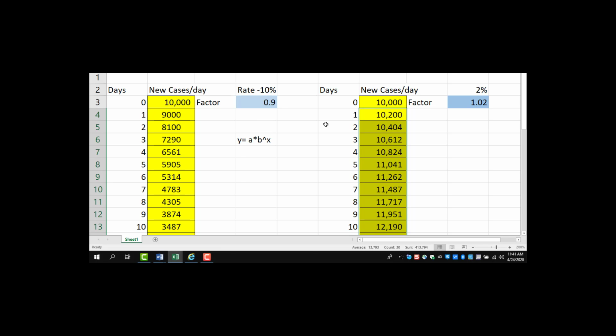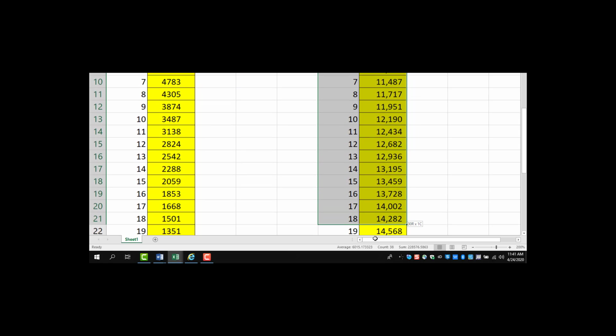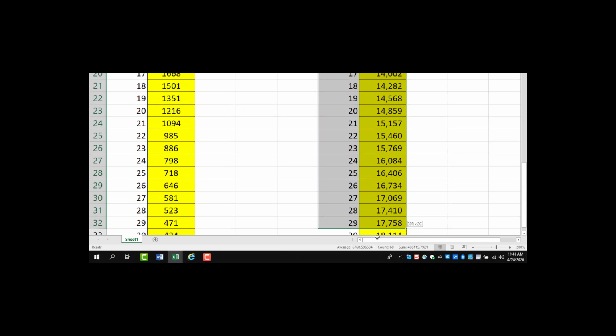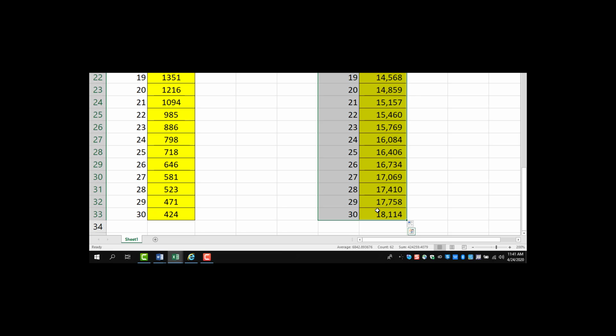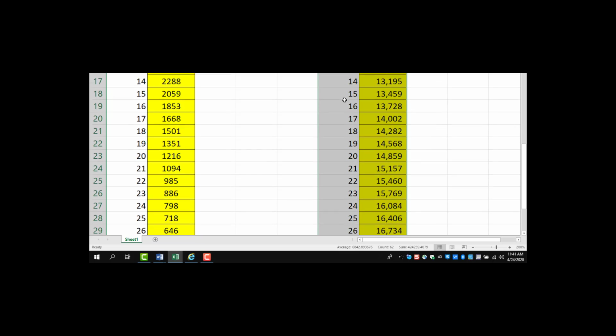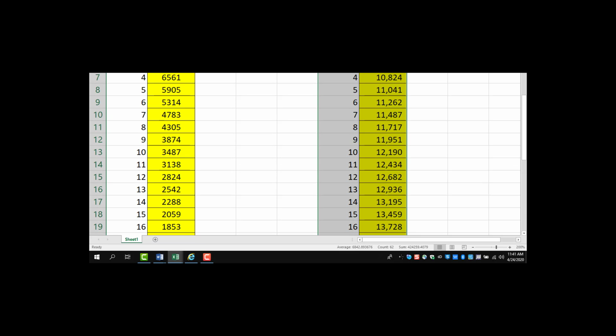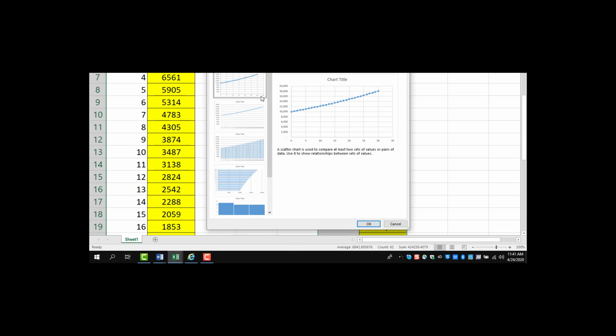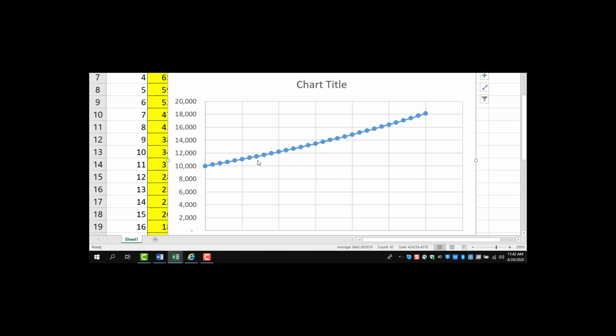Now the last thing I want to do is take a look at this as a graph. So this would be an exponential graph here, and that's exponential growth at the rate that we're using, 2%.